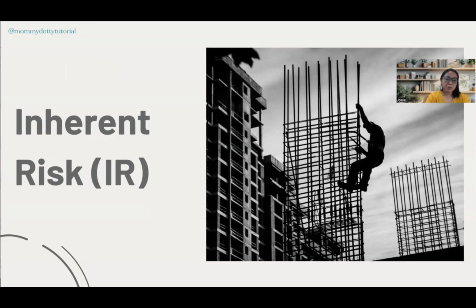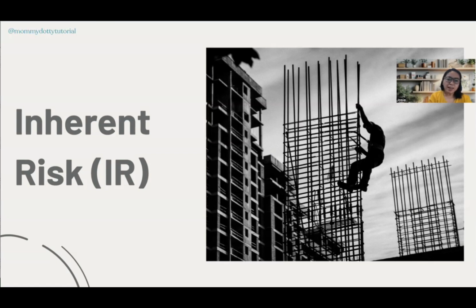So I was looking at some pictures to show you in the simplest way what inherent risk is. And I saw this picture of a building construction, where you can see a worker or a laborer hanging at the steel or scaffold. I don't know what you call that. I'm not an expert on that. But you see this guy, nakabitin siya, no?